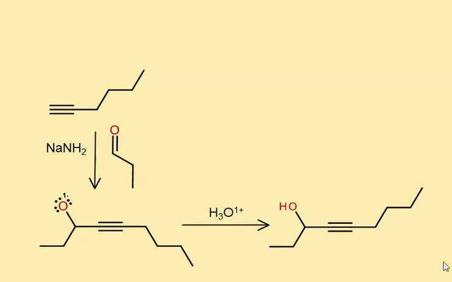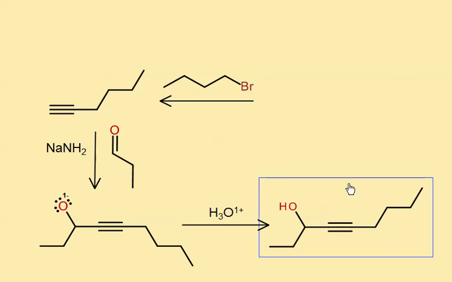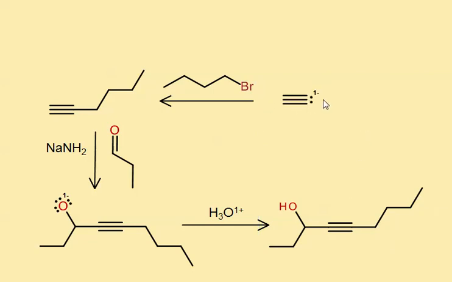So previously we must have reacted with the alkyl bromide, and that would have reacted with the original acetylide ion, and that acetylide ion of course would have been produced by an initial reaction of the starting material with sodium amide. So the sodium amide takes off a proton from the original reactant. That creates the acetylide ion.